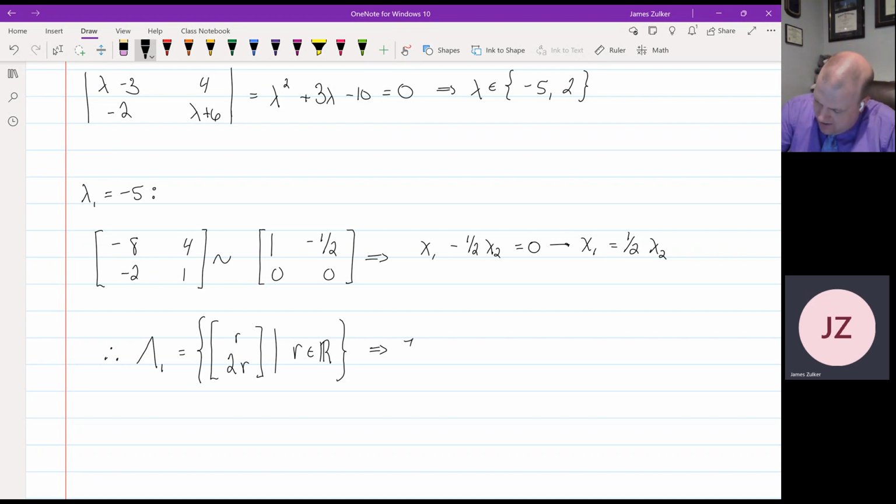And a basis for this eigenspace: just set r equal to, I need to specify. No, r can be 0. That's fine. It has to be 0, in fact, because the eigenspace has to contain the 0 vector. So for a basis, just set r equal to 1.